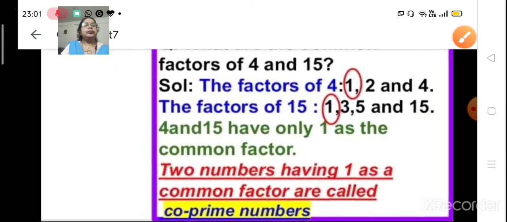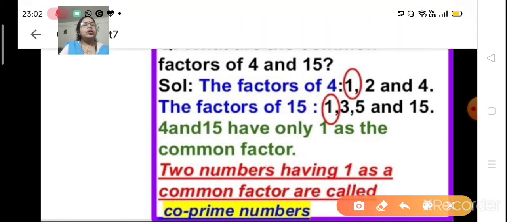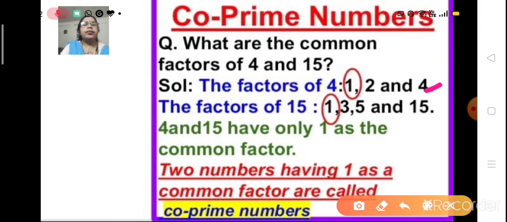Now, co-prime numbers. What are co-prime numbers? Let's consider this example to understand what co-prime numbers are. Let's take two numbers, 4 and 15. What are the factors of 4? The factors of 4 are 1, 2 and 4. And what are the factors of 15? The factors of 15 are 1, 3, 5 and 15.